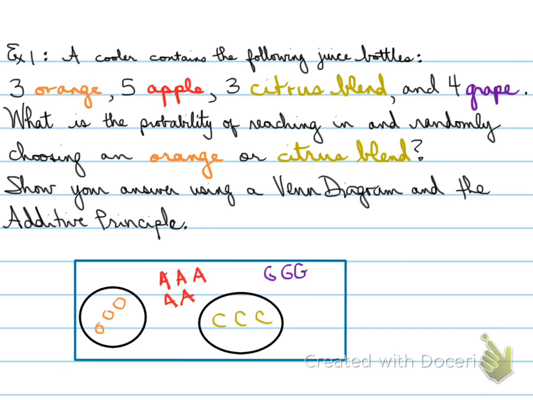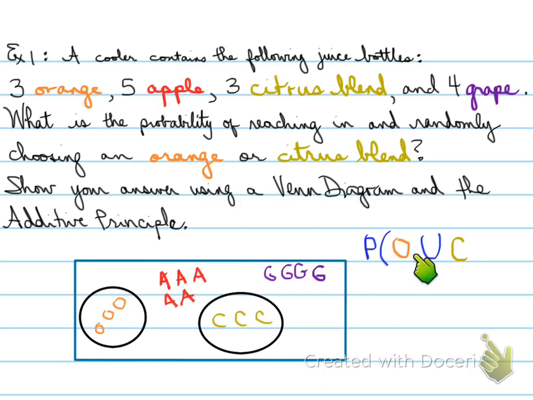So to get the answer to this, the probability of getting an orange or a citrus blend is to take the probability of an orange plus the probability of the citrus blend, and that will tell us what our probability is of getting orange or citrus. So 5 A's, 4 G's, 3 C's, 3 O's.